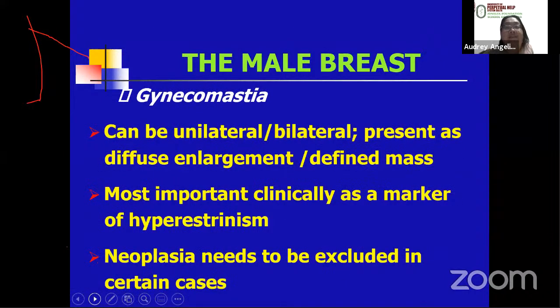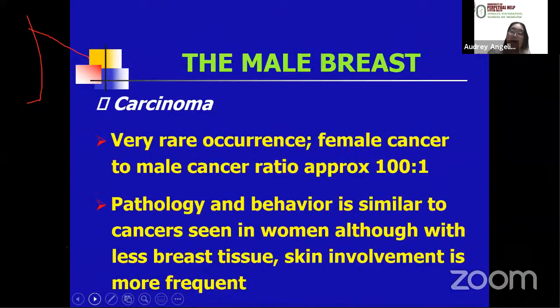Okay? So gynecomastia in males is most important clinically as a marker of hyperestrogenism. But it's important to exclude neoplasia or malignancy so that you know that malignancy is certainly ruled out. Okay? Carcinoma in the male breast could also occur but is very rare.